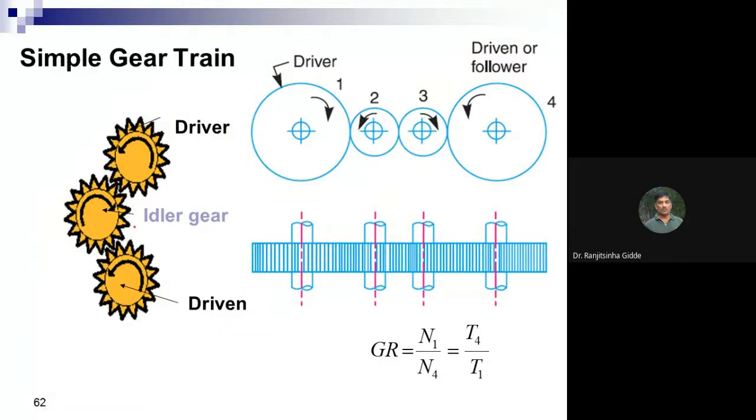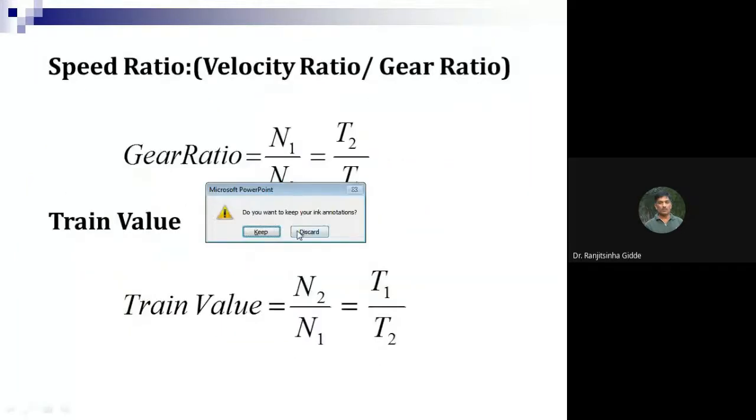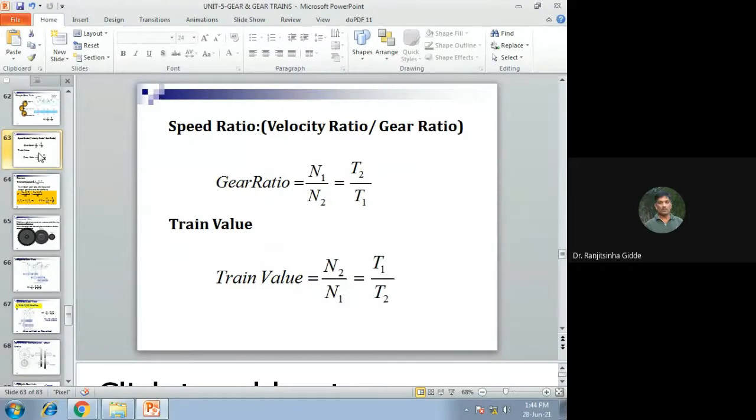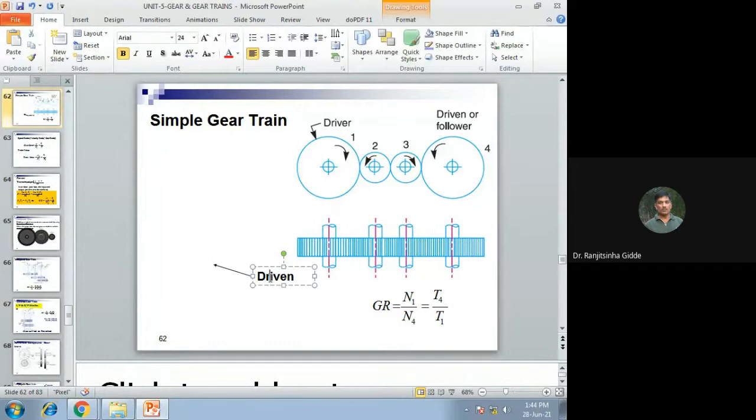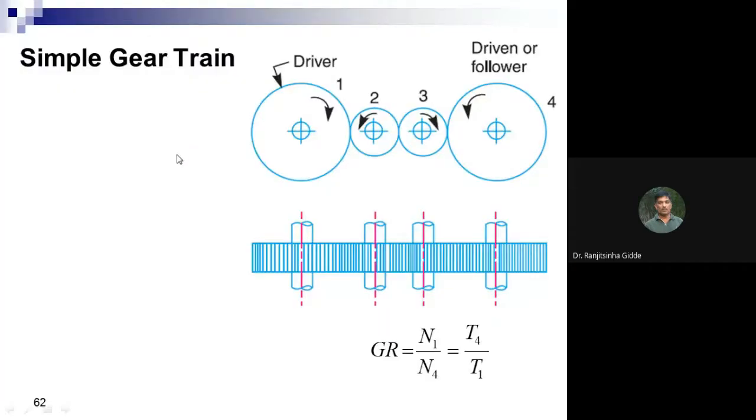Now so we can see that, I will remove these figures, so as to write the ratios, because I additionally want space. So in case of a simple gear train, first of all we should know what is velocity ratio, speed ratio, and what is the gear ratio.